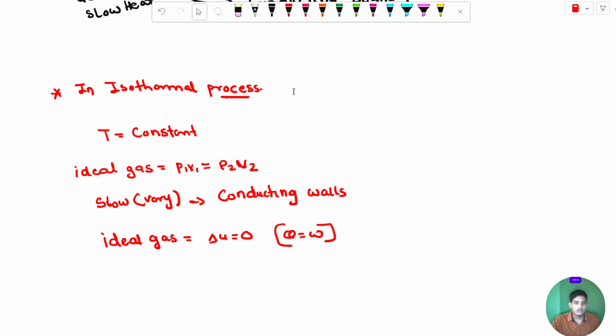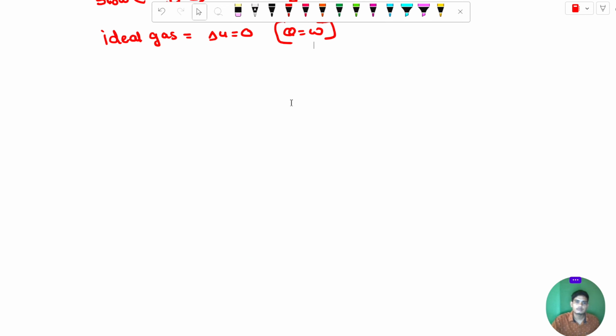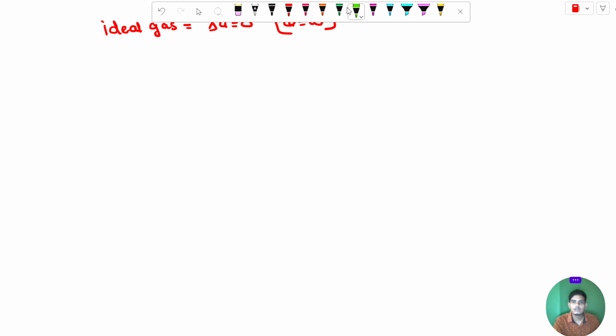Now, the next point is work done in isothermal process. For that you can find an expression, and this is the next point you can write down here: work done in isothermal process.